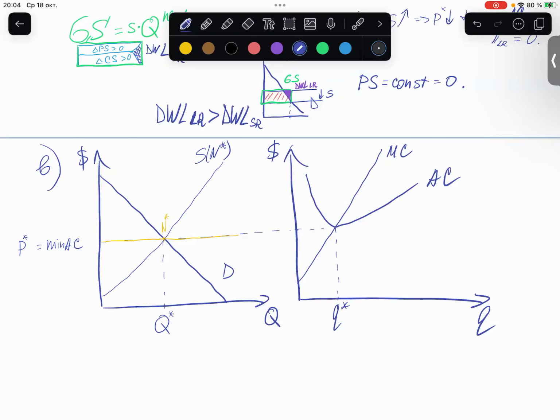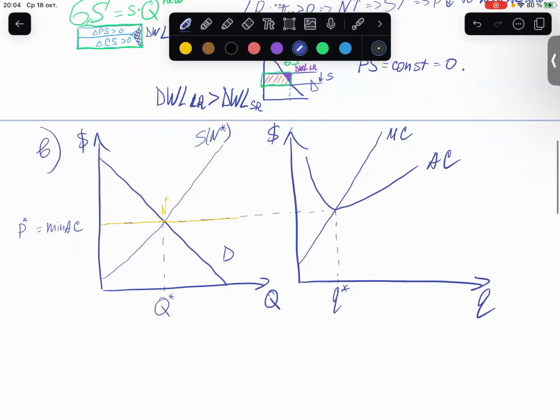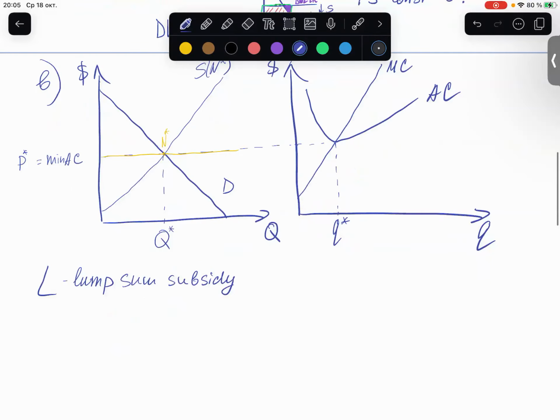And now we have a lump sum subsidy L. What will change? So let us consider total costs that were before. What happens with the total costs? Now costs are lower.